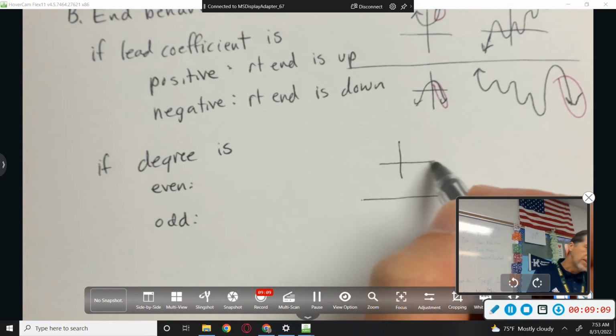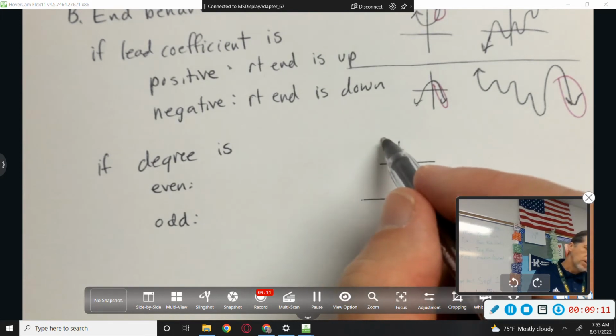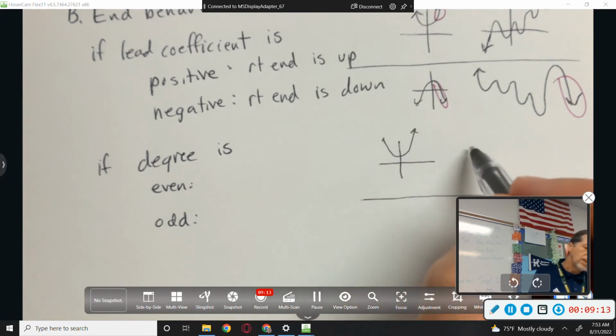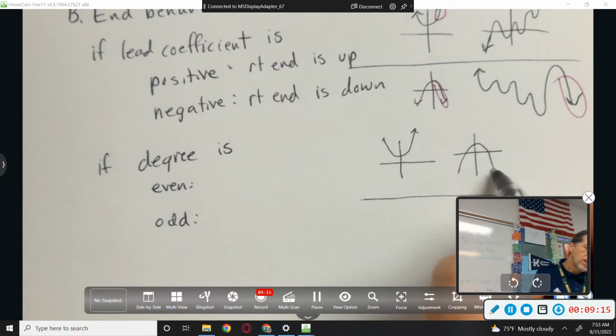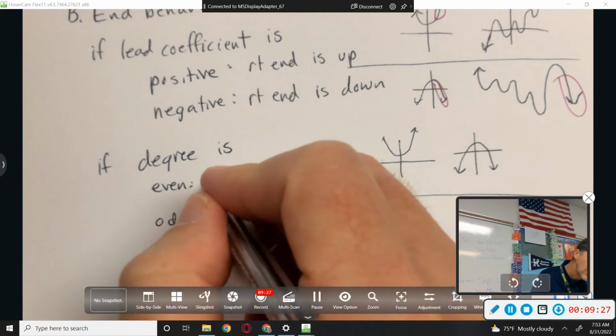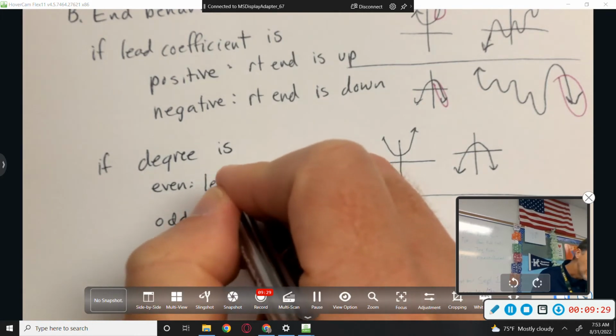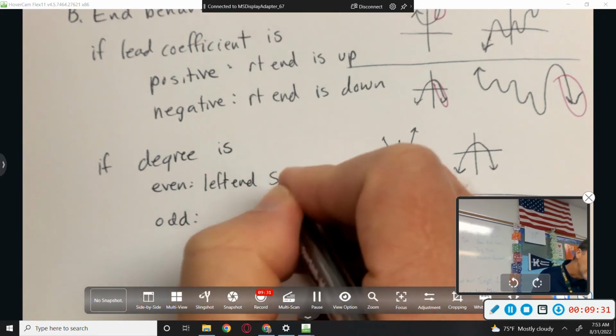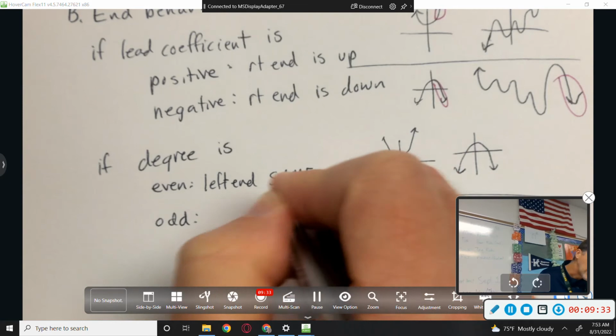What's the left end doing? Think about a parabola. That's the easiest one to think about. So it's not necessarily going down, it's not necessarily going up. Joseph? It's going the same way as the other one. It's going the same as the right end. So if the degree is even, the left end is the same as the right end.